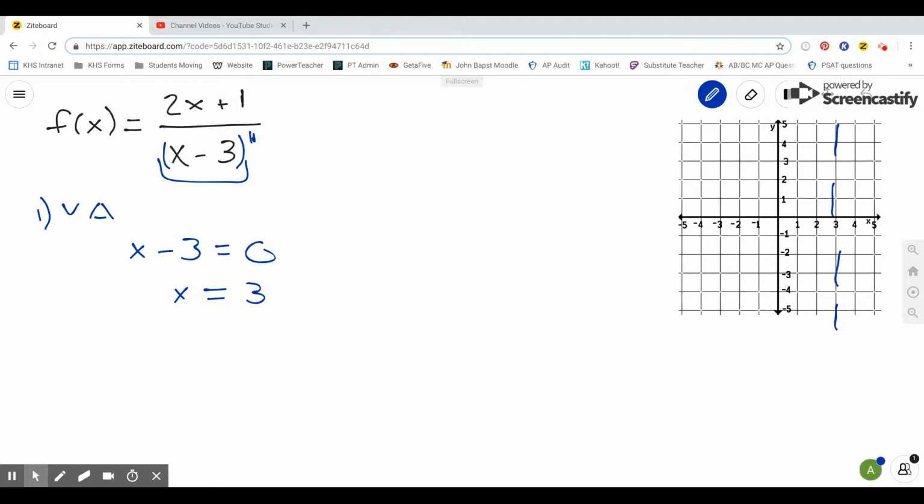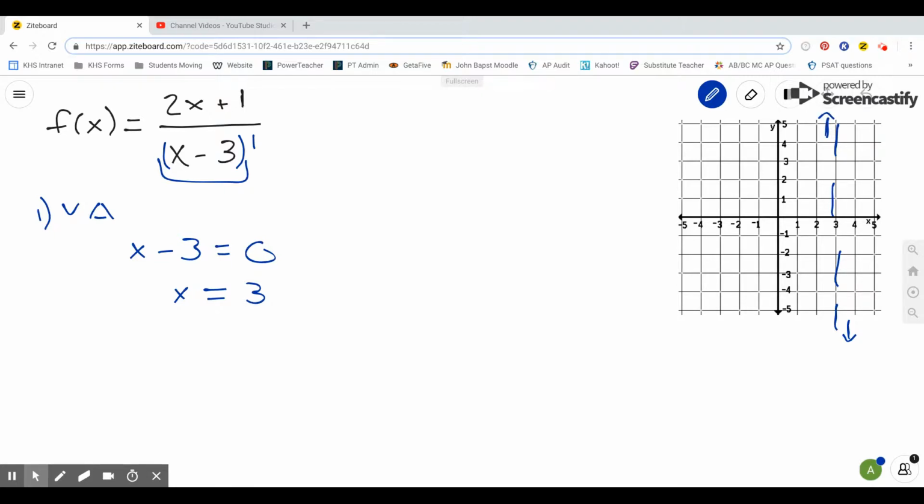So we could rewrite that as x minus 3 to the first power. It's still the same thing. And what that means is that around the vertical asymptote, your function is going to be going in different directions. So I am just going to put arrows going in opposite directions.